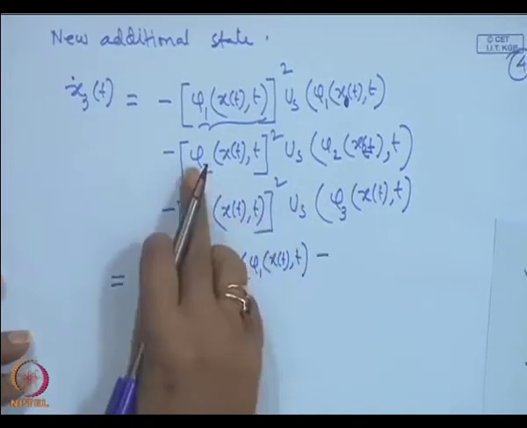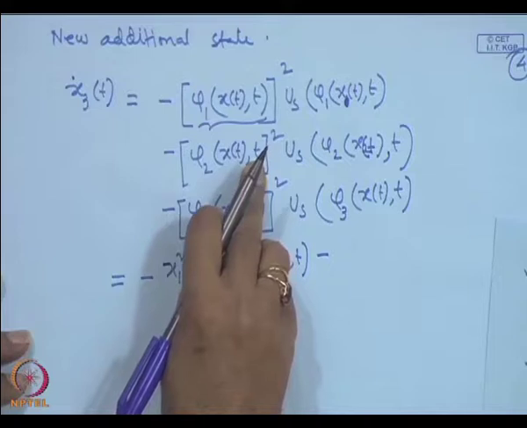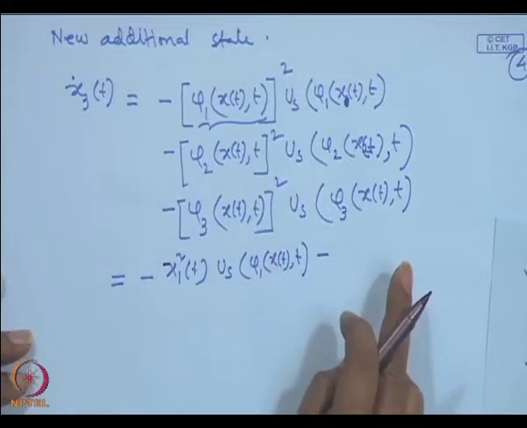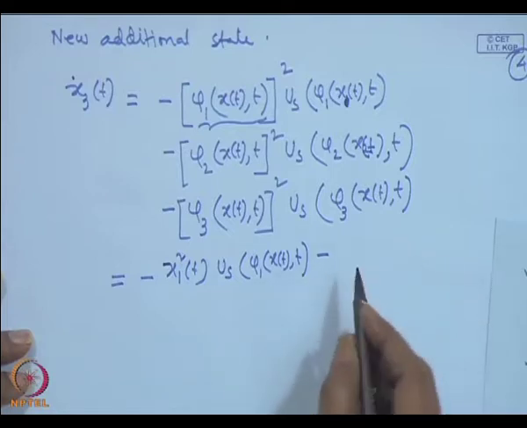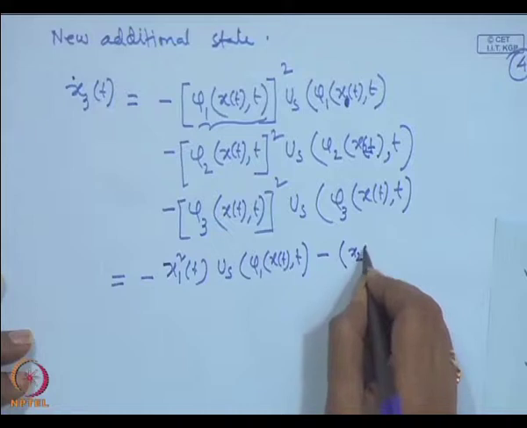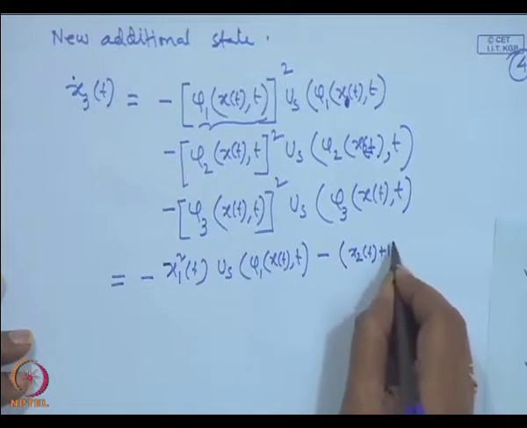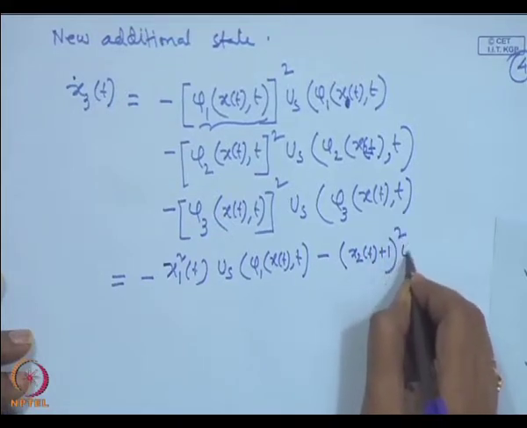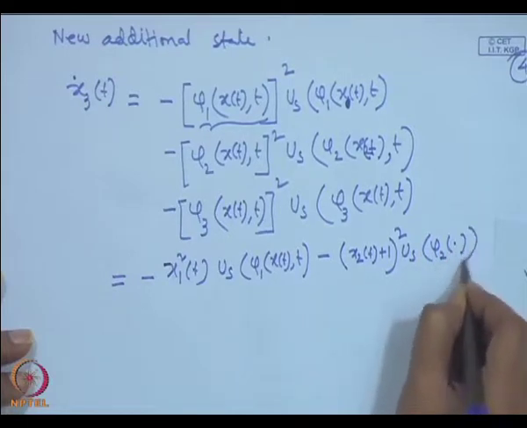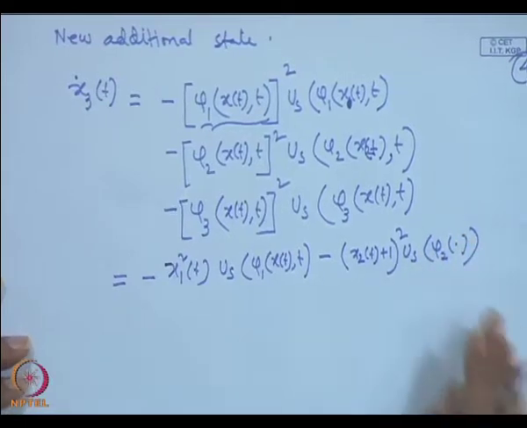The next, psi 2, is nothing but minus x 2 minus 1. So, ultimately if you take the square, it will be x 2 of t plus 1 whole square, u s psi 2 of x comma t.